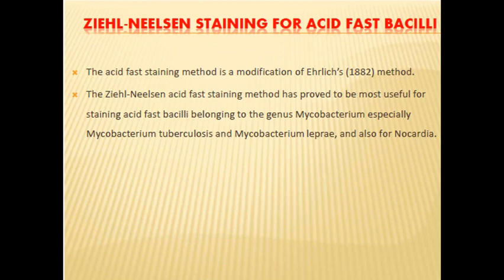The property of acid fastness is related to the carbon chain of mycolic acid found in any particular species, and that's why the carbol stain is taken up by the acid fast bacteria, and we can observe these bacteria in a specific color under the microscope.